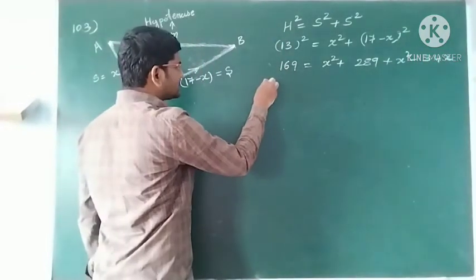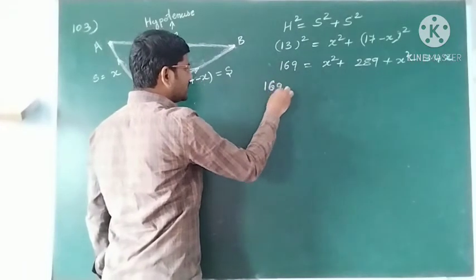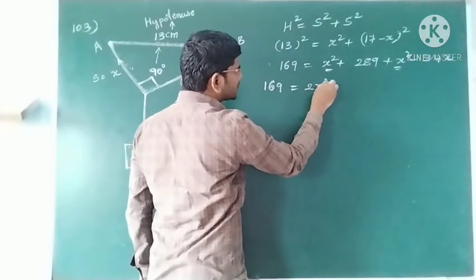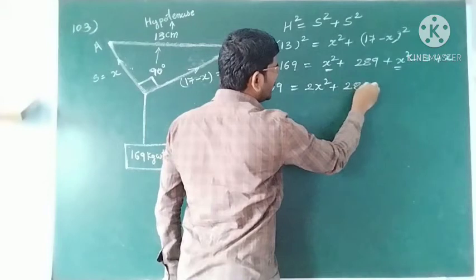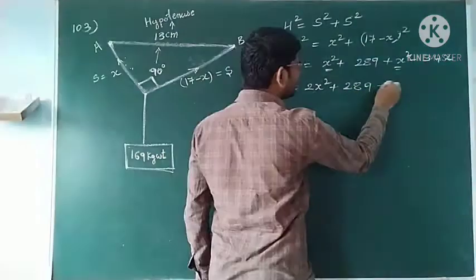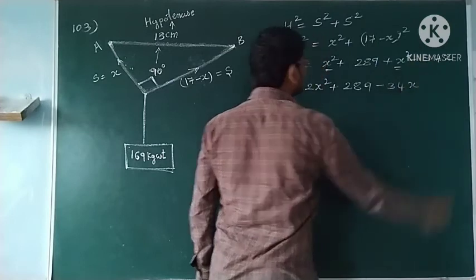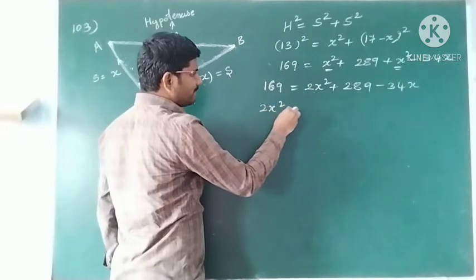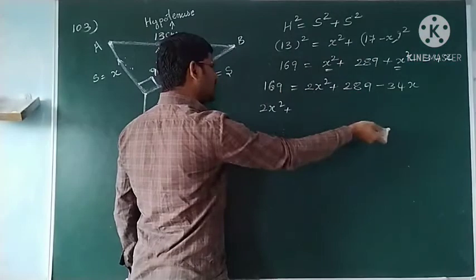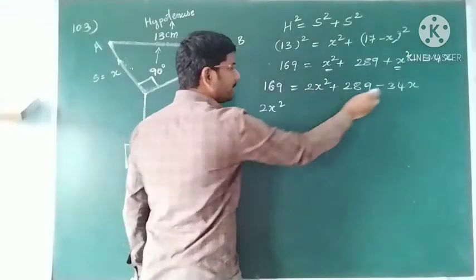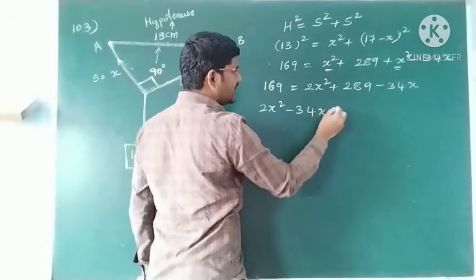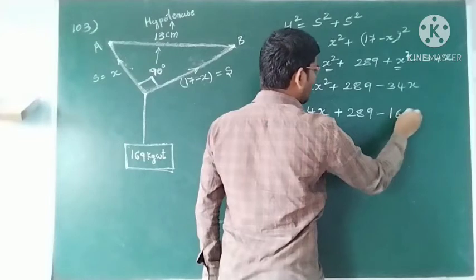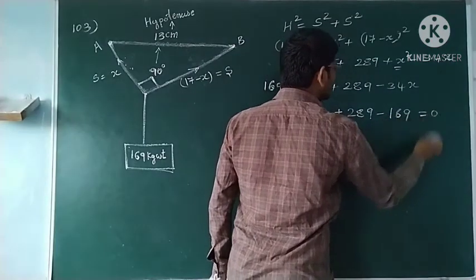Then we get 169 is equal to x square plus x square, so 2x square plus 289 minus 34x. Bring this 169 to the left hand side: 2x square minus 34x plus 289 minus 169 is equal to 0.